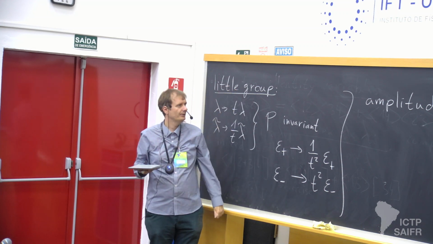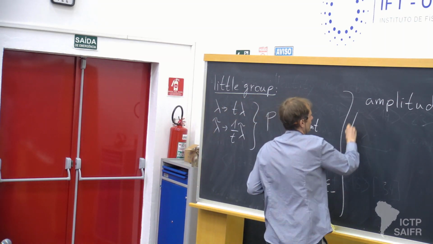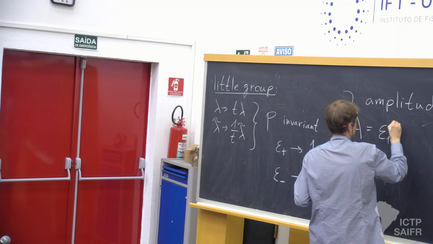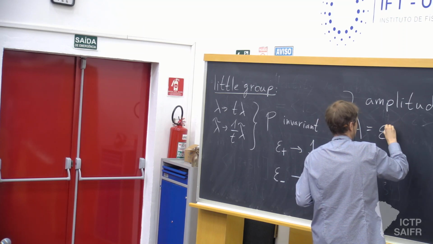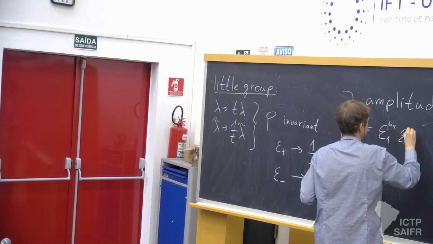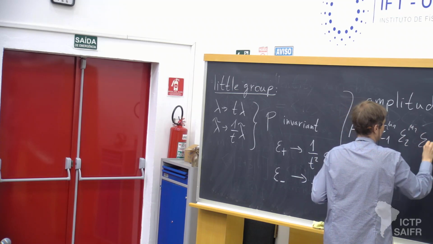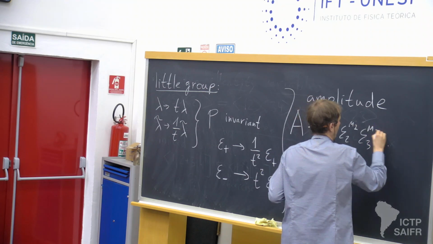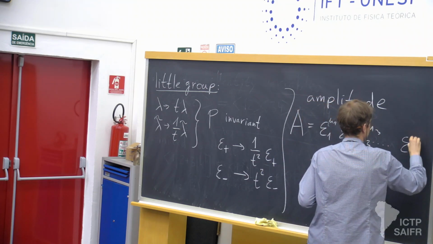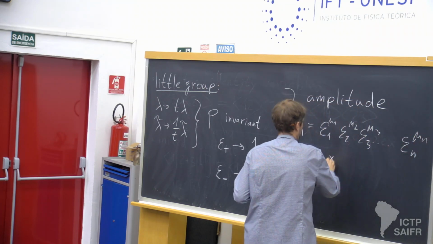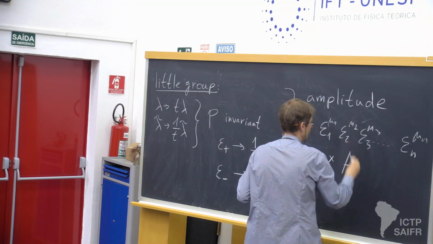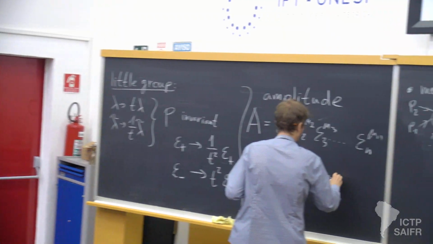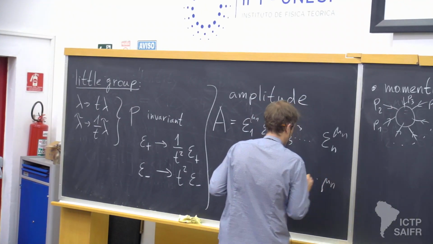So you can think about the amplitude as a big product of polarization vector 1 with some label mu 1, polarization vector 2, polarization vector 3, up to polarization vector n with mu n, multiplied by some function, which I may also call A, which has all these labels, mu 1, mu 2, up to mu n.